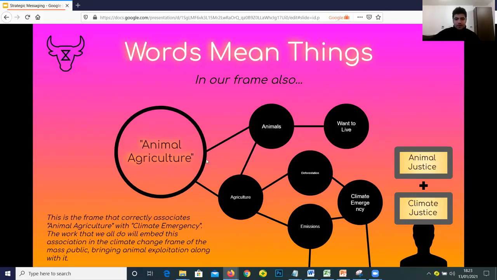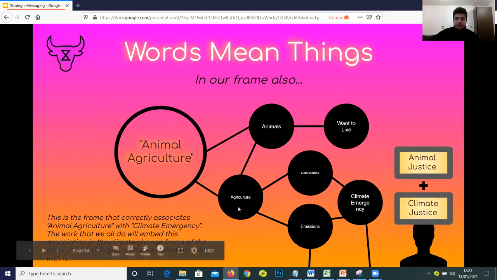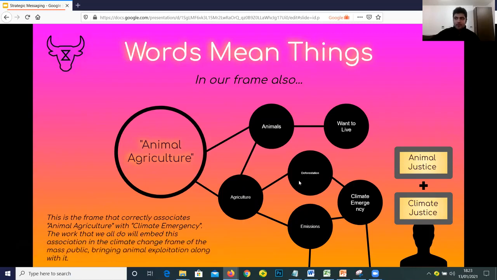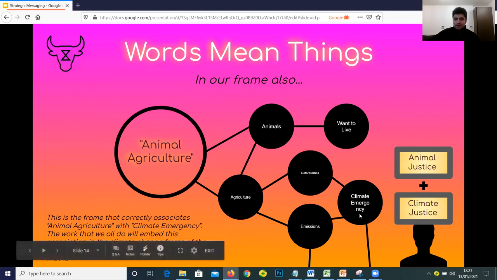So here we have the unification of agriculture, and in the climate change frame, agriculture will probably evoke the associations of deforestation, emissions, and climate emergency, but then also animals that want to live.